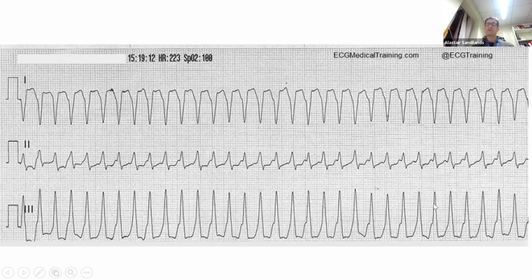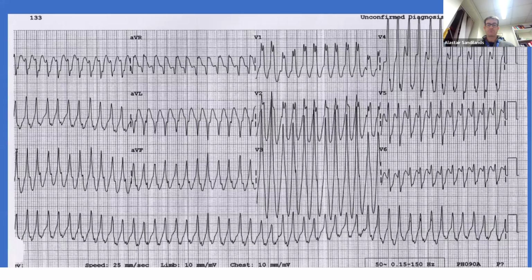Okay, so this is evidence of antidromic tachycardia. It's just the limb leads only, but it's evidence of antidromic tachycardia in this patient. So it's a broad complex tachycardia, regular, and evidence of a delta wave. I'll just give you some time to look at this example.